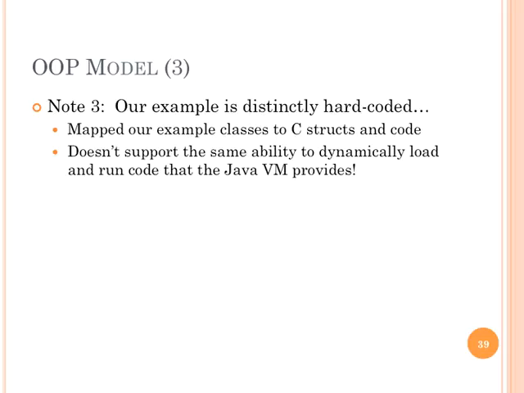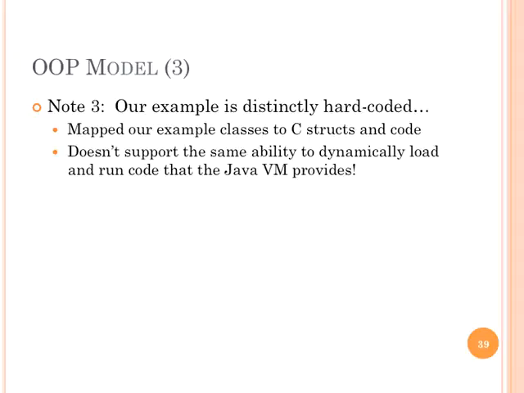Last thing, our example is so hard-coded it's not even funny. Okay? If you're really familiar with Java and with things like java.lang.reflect, it's so powerful. You can hand me an object and I'll tell you what type it is, what constructors it has, what methods and what fields it has.